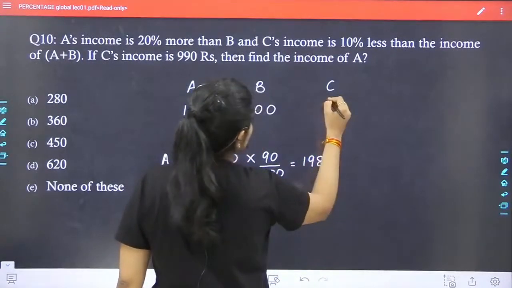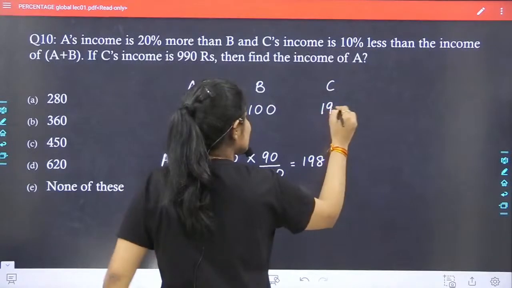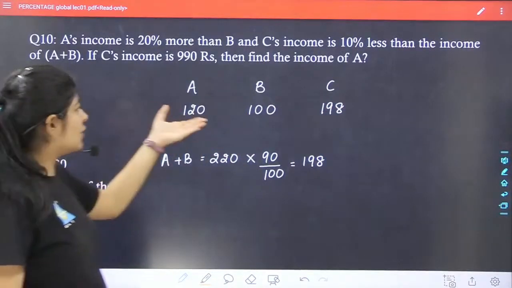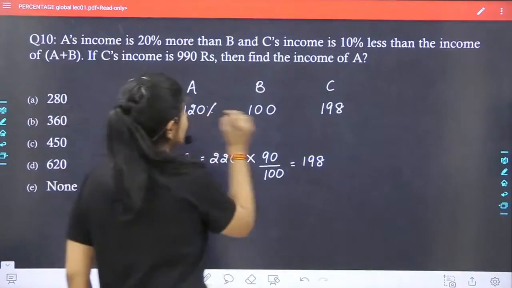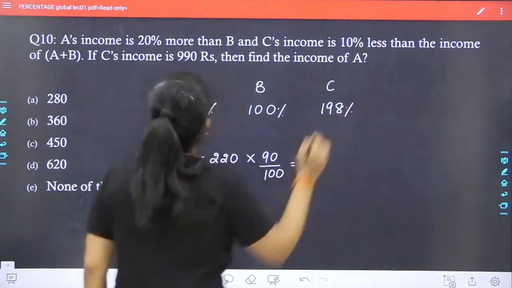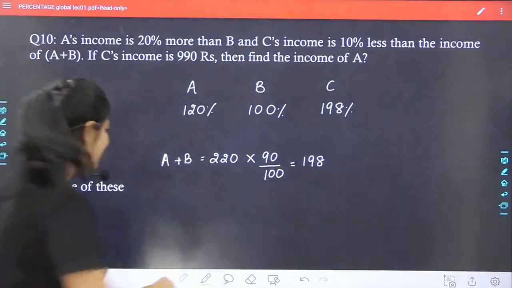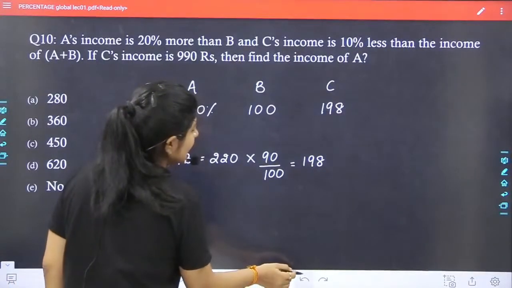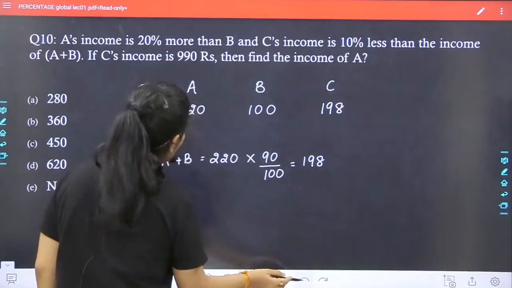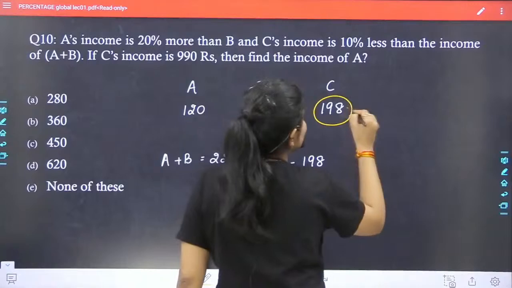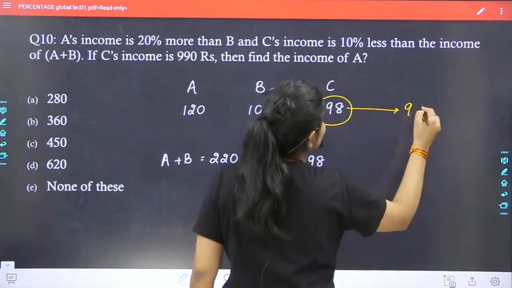That means the income of C is 198, or we can say it is in the ratio, or we can take it as a percentage also, right? If C's income is 990, that means the value 198 is equal to 990.